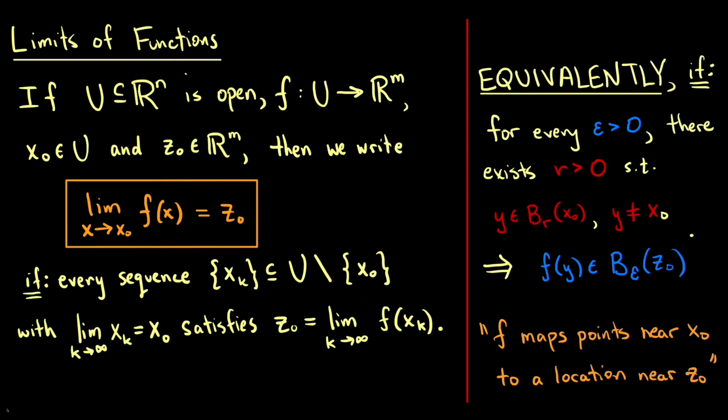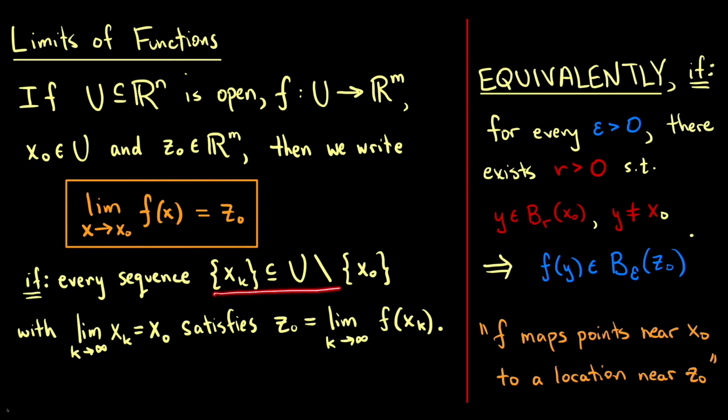So this notation U backslash x0 means the set of all points in U, but excluding x0. Okay, so you imagine that U is some domain. I have some point x0, and then I have a sequence of points that are getting closer and closer and closer to x0, but they can't ever be x0 itself.